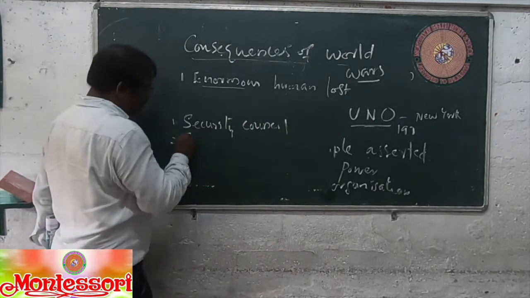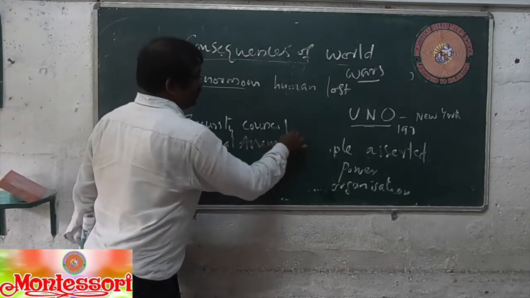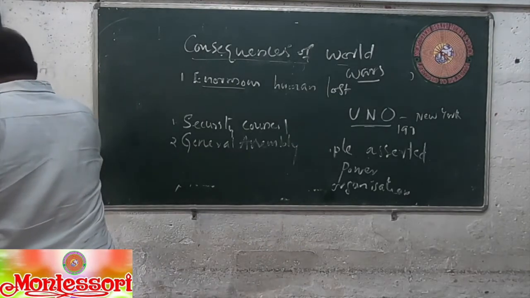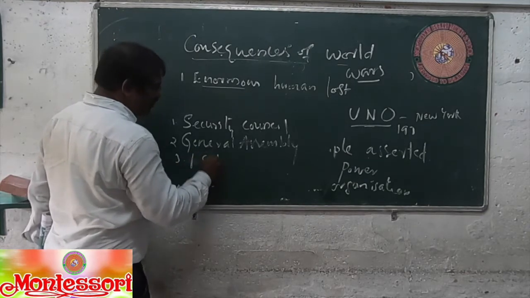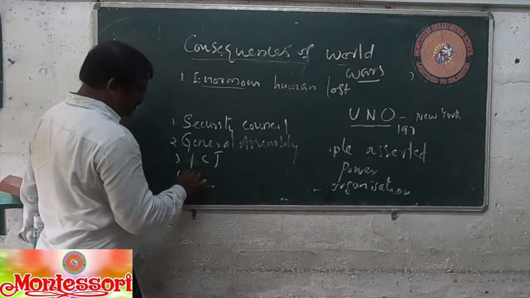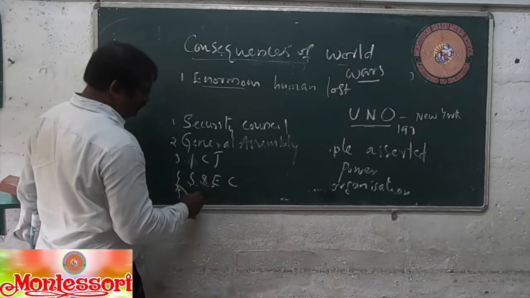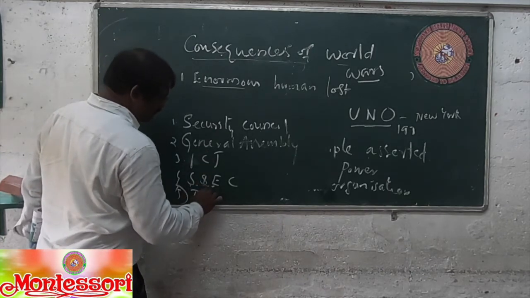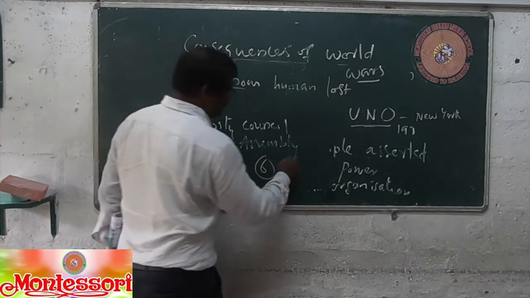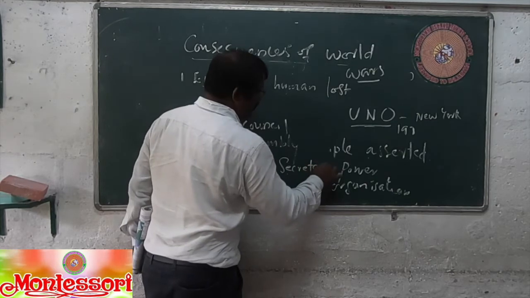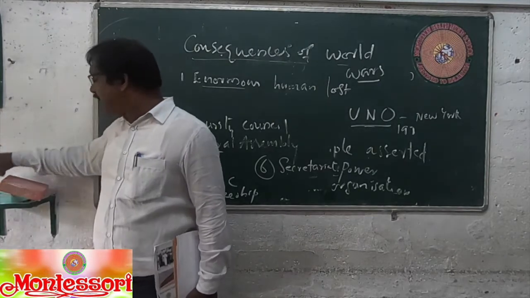Next, General Assembly. Third, International Court of Justice. Fourth, Social and Economic Council. Fifth, Trusteeship Council. And sixth, Secretariat. These are the 6 organs of the UNO.